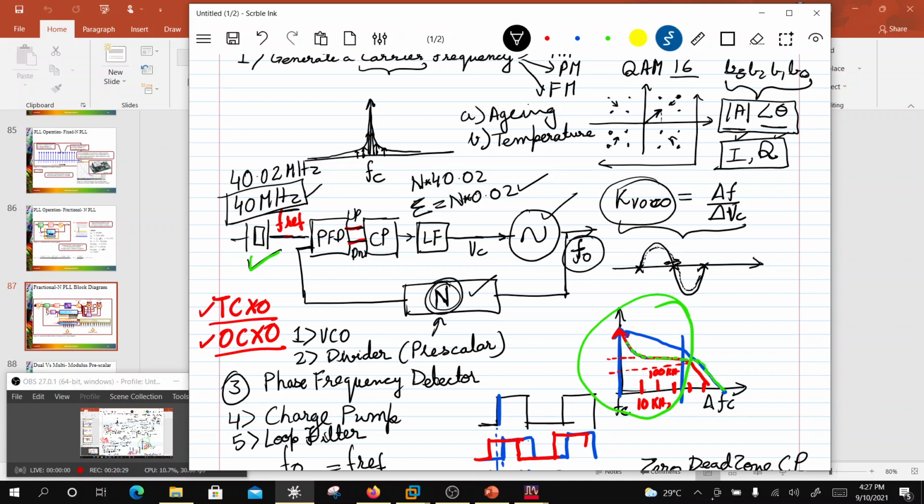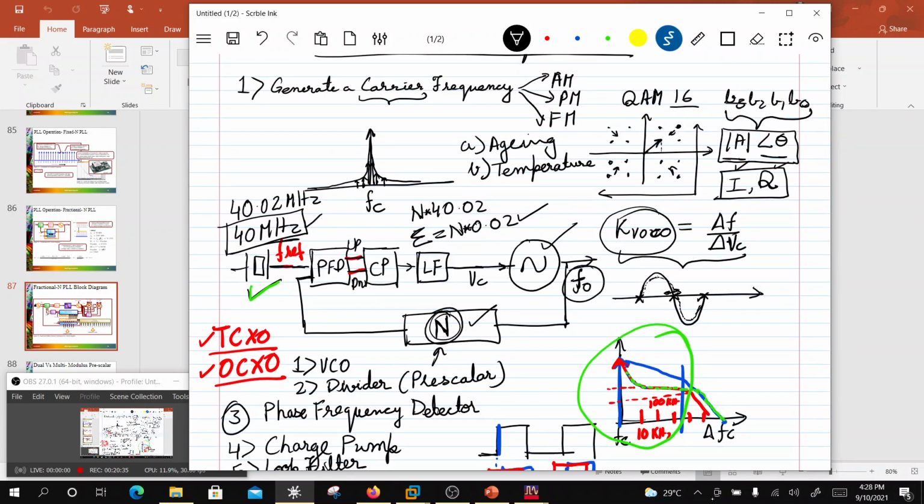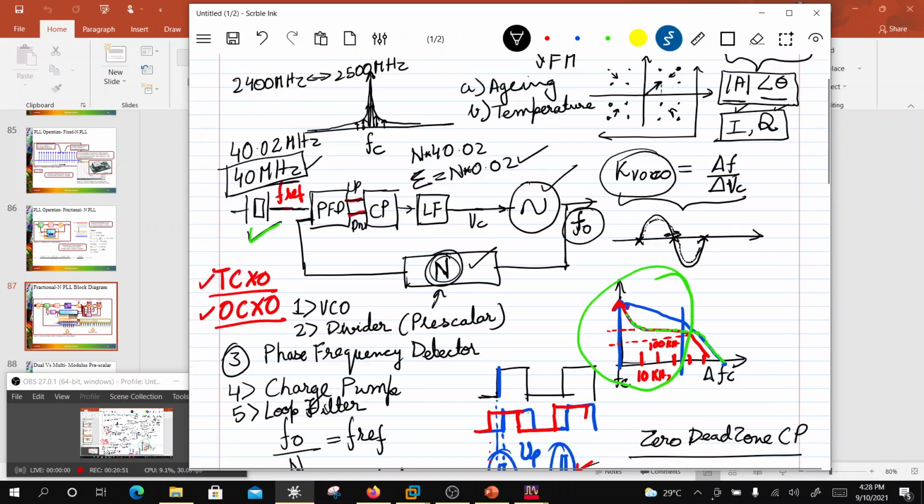The third thing which is problematic is that, for example, we have a band. Let's say that band is going to be from 2.4 gigahertz, or 2400 megahertz, to 2500 megahertz. Now the problem is, if I use this fixed N, then I would be going in steps of 40 megahertz.